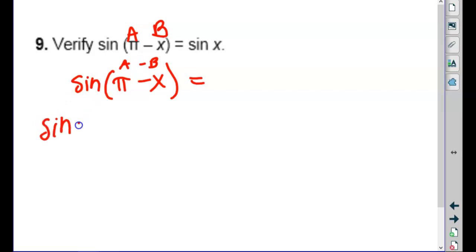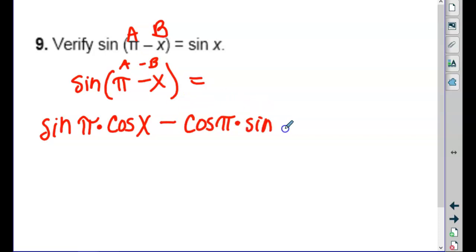It says the sine of A, which should be the sine of pi, times cosine of B, which we're using x, minus cosine of A, which is pi, times sine of B, which is x. All right, then what do you think we need to do?